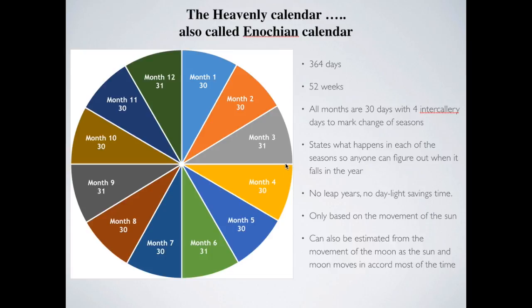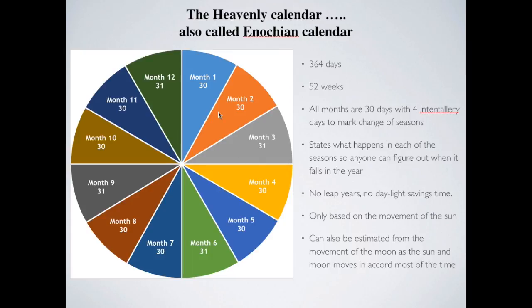This one additional day is seen every 3 months. For instance, you have the 6th month, 31 days, the 9th month, 31 days, and the 12th month, 31 days. So you have 30, 30, 31, 30, 30, 31, 30, 30, 31, and 30, 30, 31 days. Now, this extra 1 day in each of these 3 months is to mark the change of season.